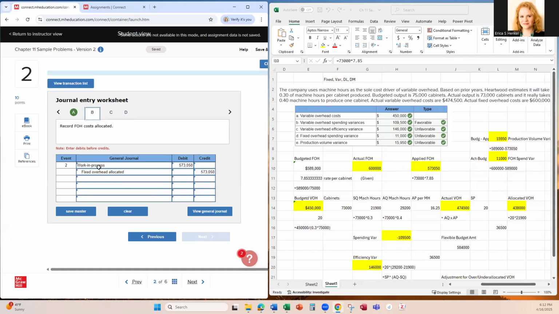Just like the last one, where we debited work in process and credited variable overhead allocated, this one is the fixed equivalent, so we're doing fixed overhead allocated.